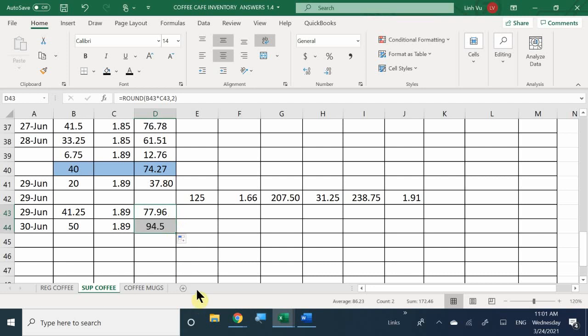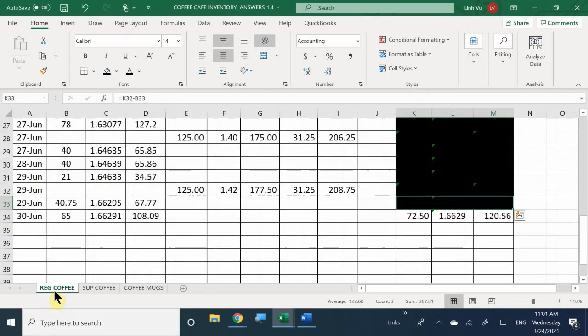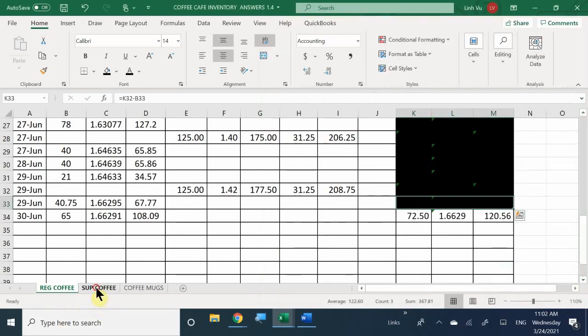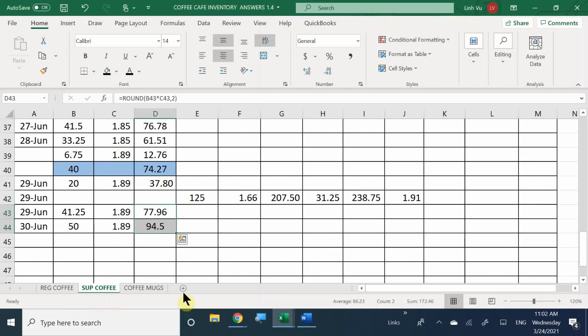So we got 94.50 in the Supreme, and we have 108.09 for my regular. So let's journalize that. $108.09, and the other one was $94.50.